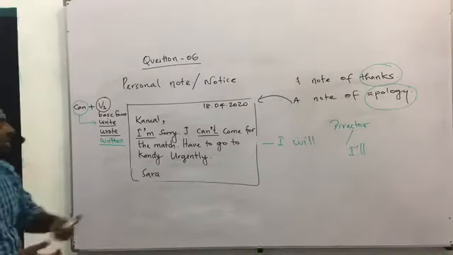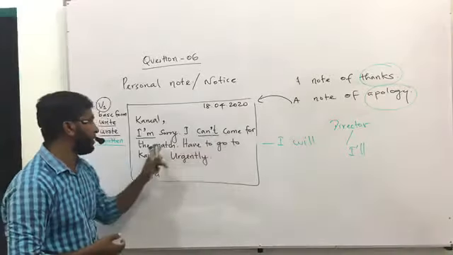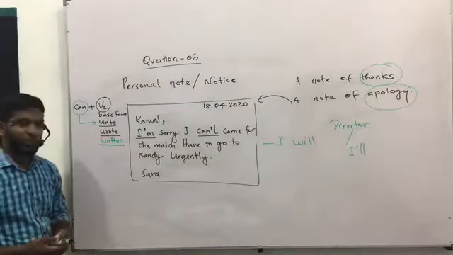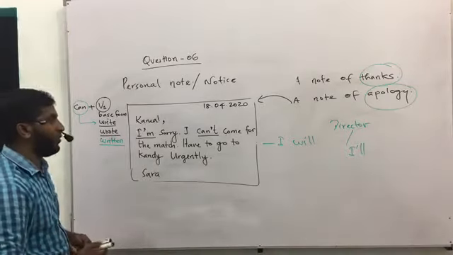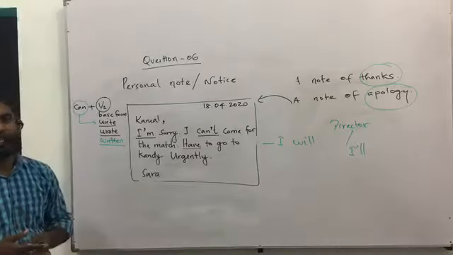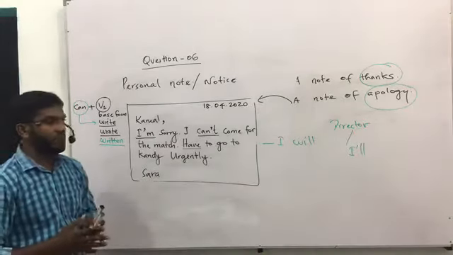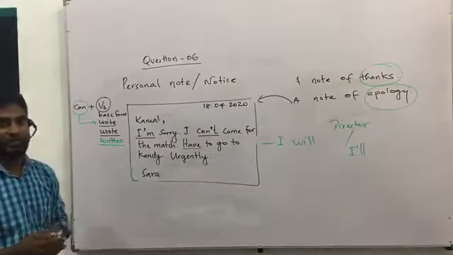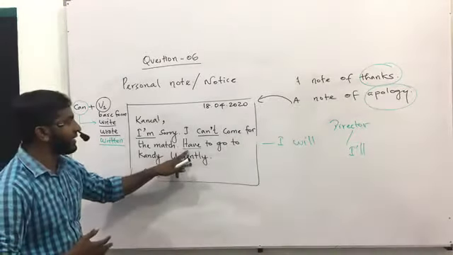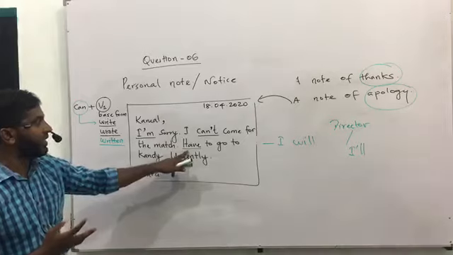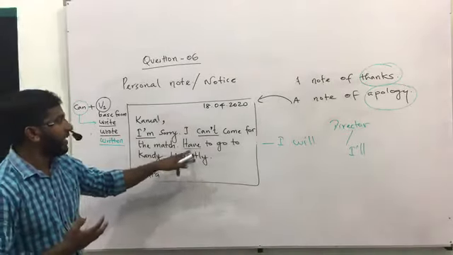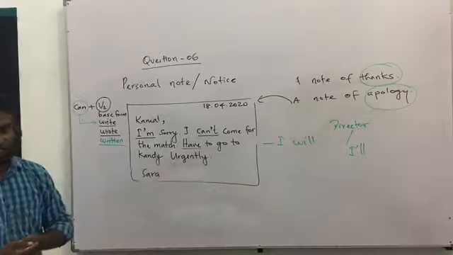Right? So here you see, I can't come for the match. Have to go to Kandy urgently. My dear students, this is very clear for you. Have. Here, as you have studied, any sentence should begin with the subject. But here you can see this sentence has begun with the verb. Simply they are telling, have to go to Kandy urgently. Right?